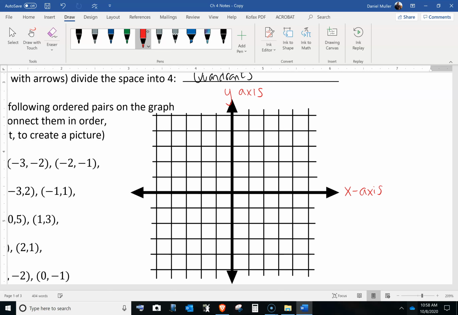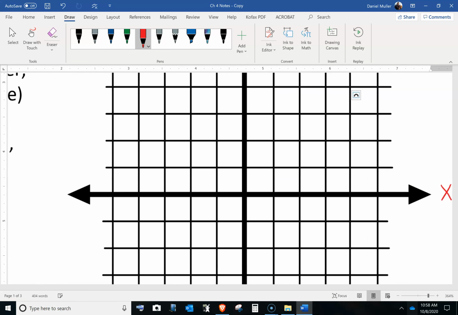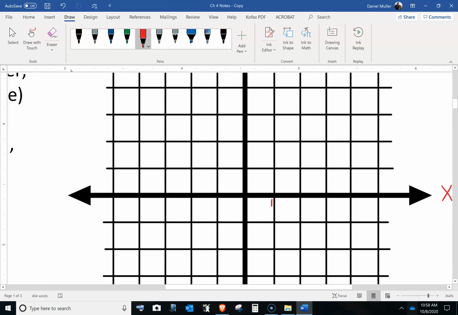Also, every one of these little grid marks is worth 1 unless it's indicated somewhere else. But we can write it down. So this first one is 1, and then 2, and 3, 4.